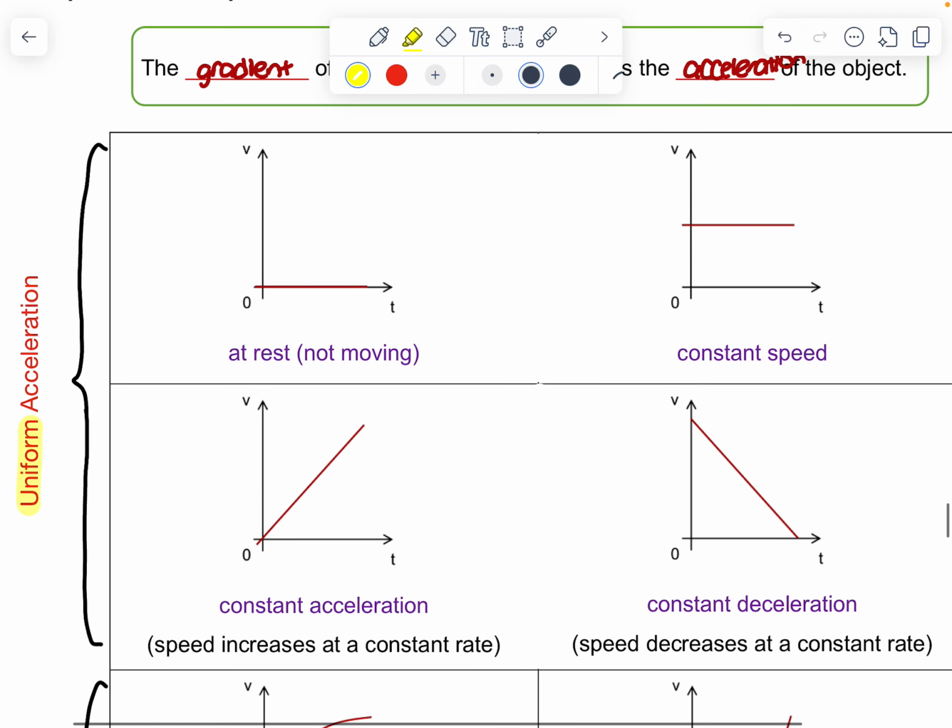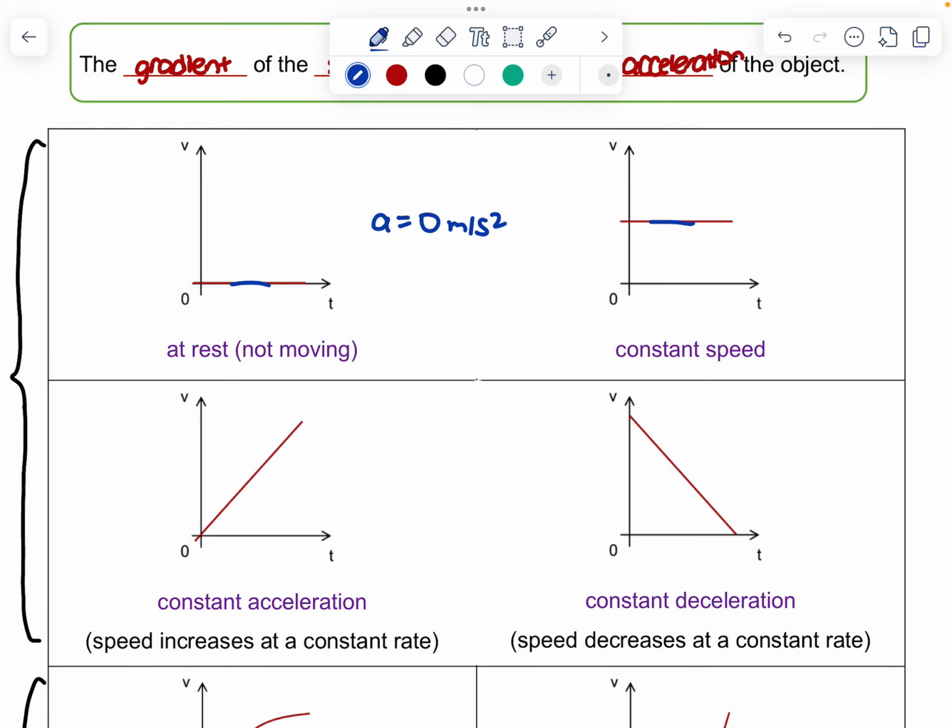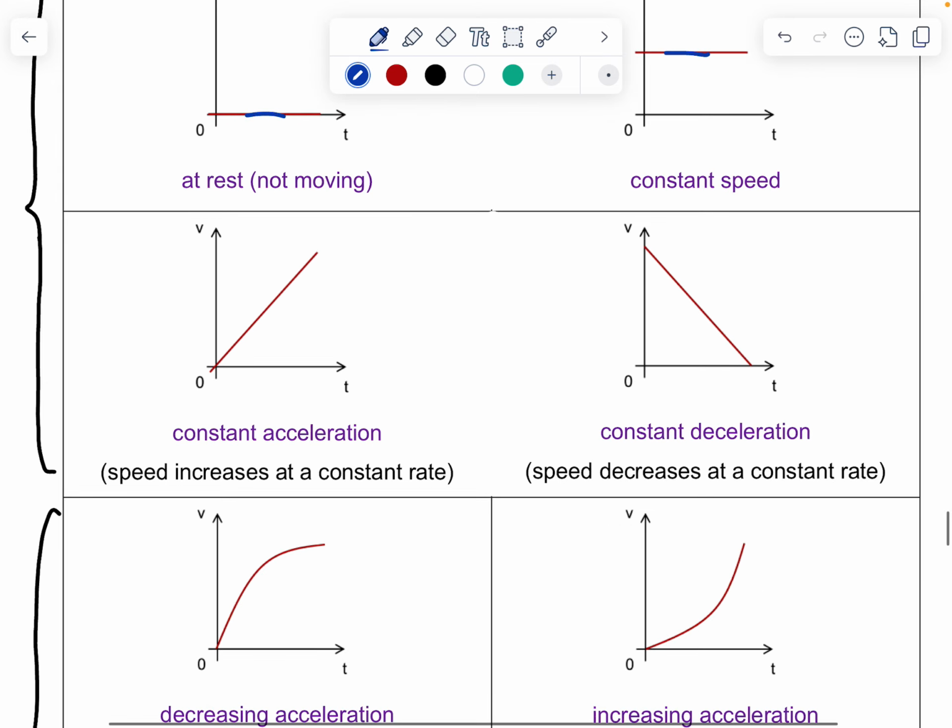For the uniform case, you see that the gradient here is 0, acceleration equals 0 meter per second per second. Same thing here, the gradient for this graph at constant speed, acceleration is 0. For this one, you see that the gradient is constant, as well as decreasing speed at a constant rate. Acceleration is constant.